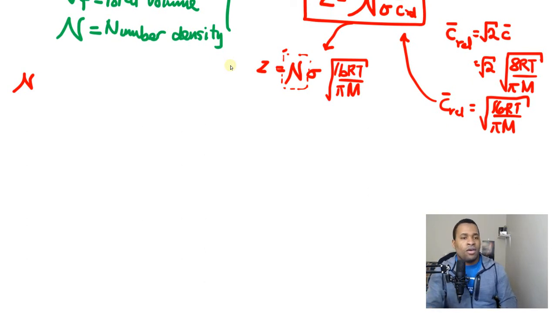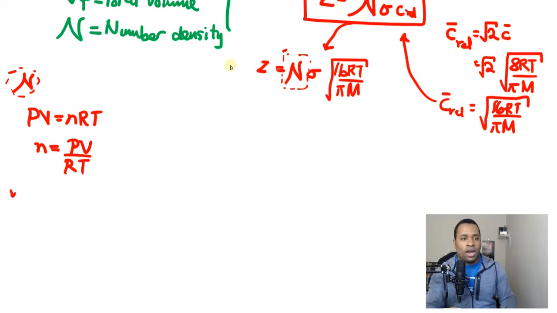First is that we know that for our ideal gas law, PV is equal to nRT. Therefore, if you solve for n, we actually have this to be equal to PV over RT. And so take note that where our specific n is equal to the number density multiplied by the volume over our number of particles, the small n here is measured in moles.